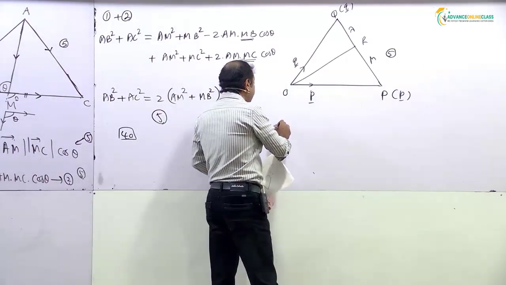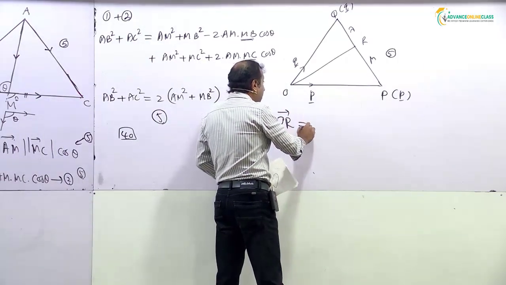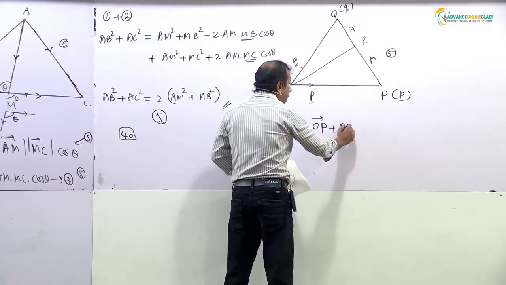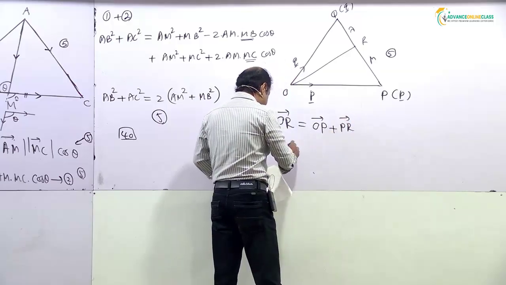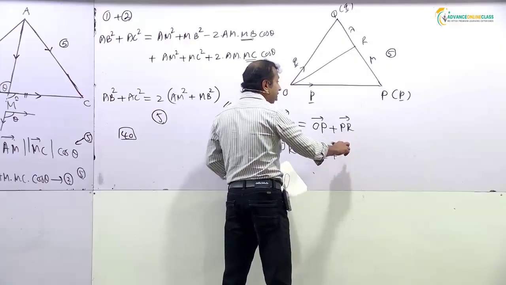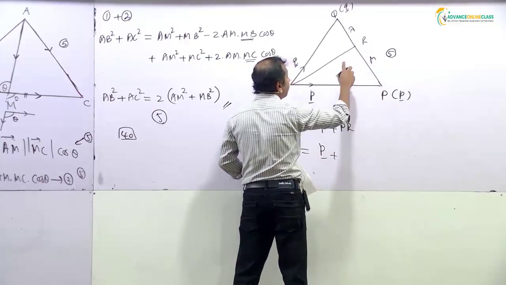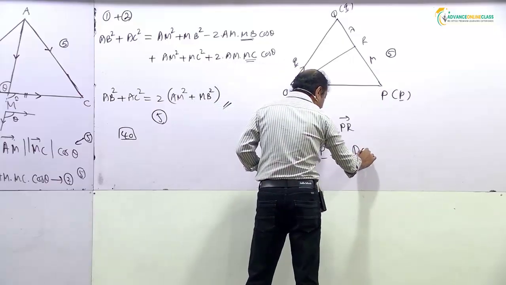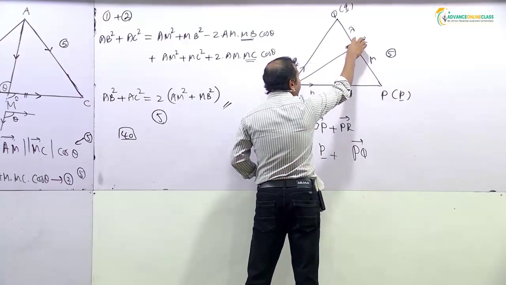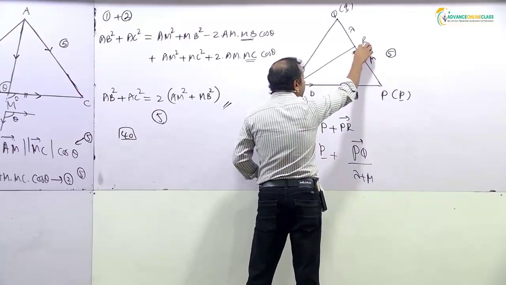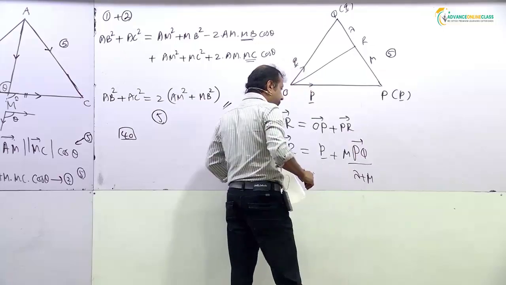OR vector you can write this way: OR vector is OP plus PR. OP is simple P. PR vector, P to R vector, you can write as a part of PQ. PQ vector should be divided by lambda plus mu sum. Then to take this PR part, this should be multiplied by mu.